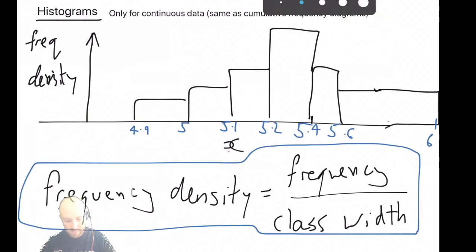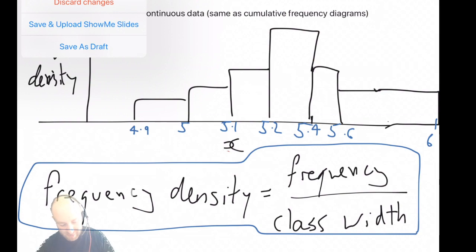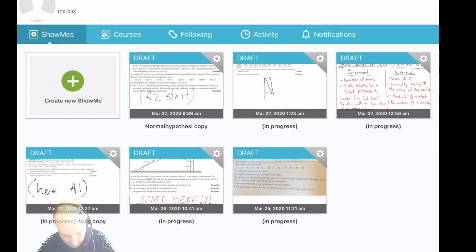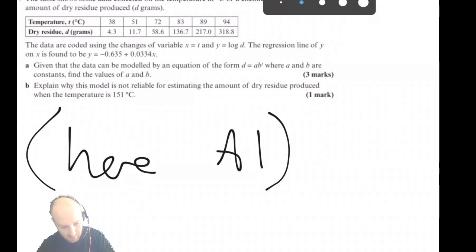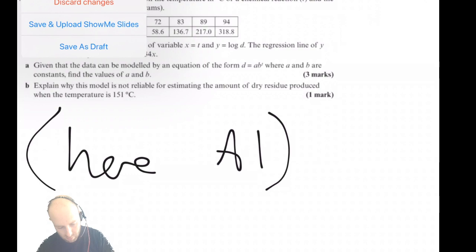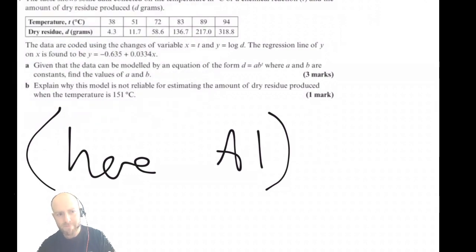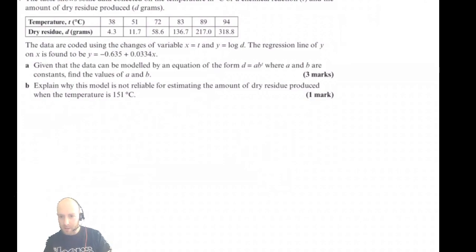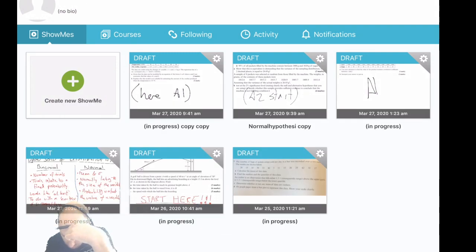Nope, this isn't right, is it? Where is it? Oh, I must have named it wrong. No. This is worrying. Have I not saved my slide for this one? A2A1.